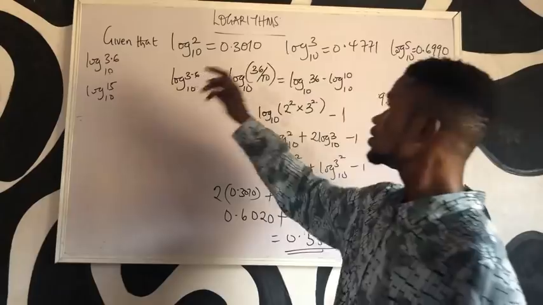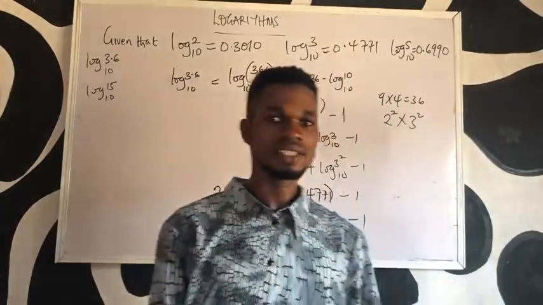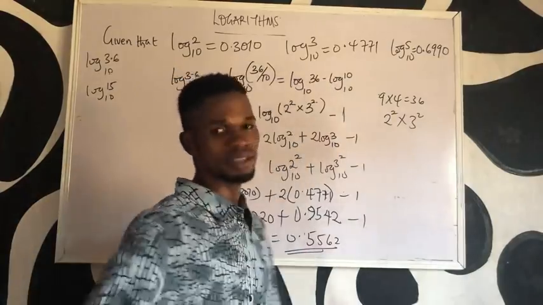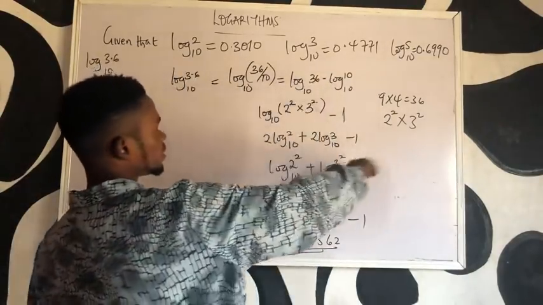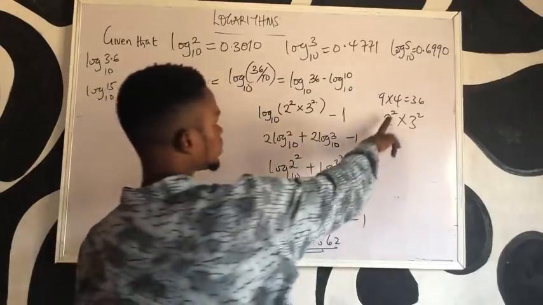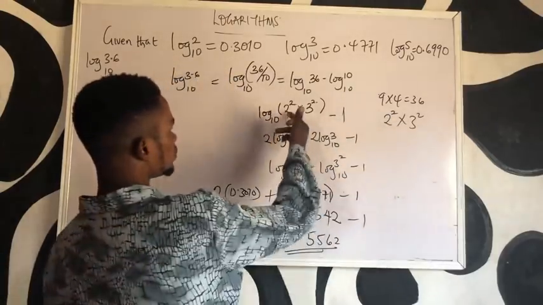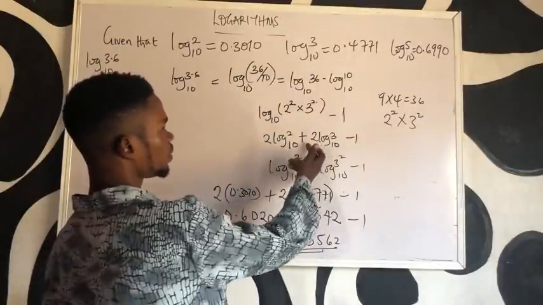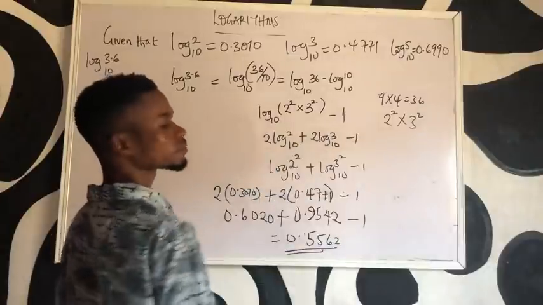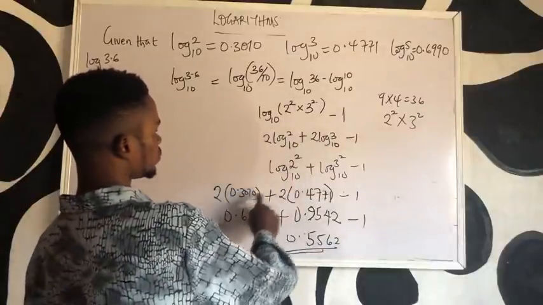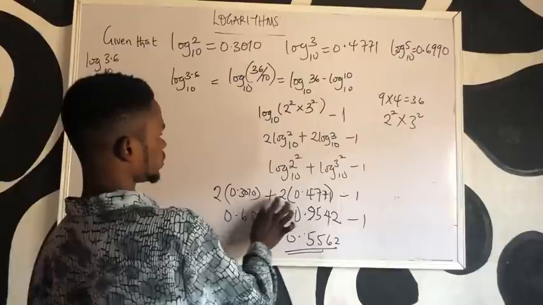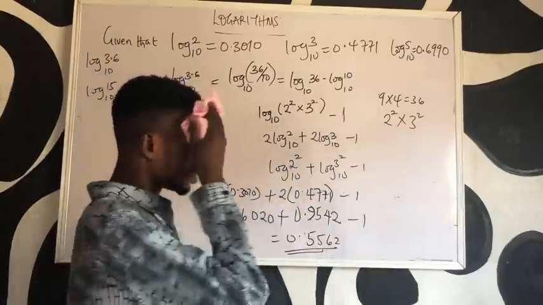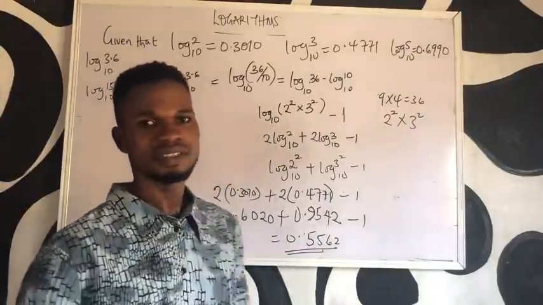So 3.6 is the same thing as 36 over 10, which is log 36 base 10 minus log 10 base 10. 2 and 3 are factors of 36: 2 raised to power 2 times 3 raised to power 2, minus 1. That is 2 log 2 base 10 plus 2 log 3 base 10 minus 1. Then the answer is 0.5562.